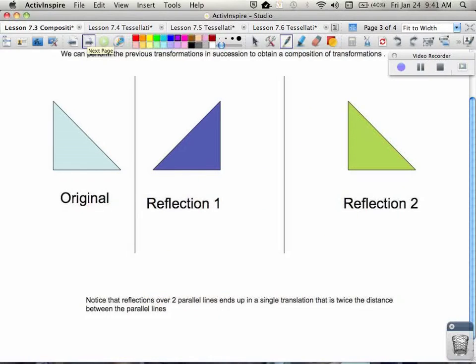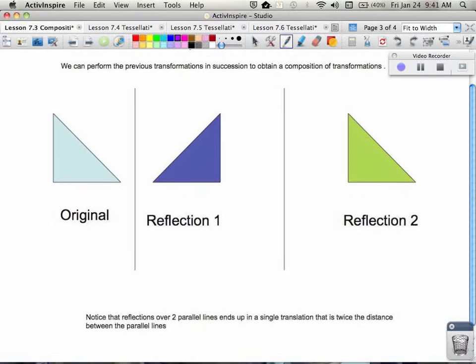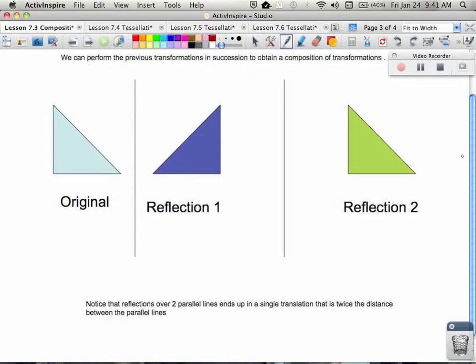Something that's really interesting, and there's not really any formulas going on here, but just something interesting to notice, is that if you take a certain figure like our light blue triangle on the left, and you make a reflection over this green dashed line here, you see that reflection over the first line.